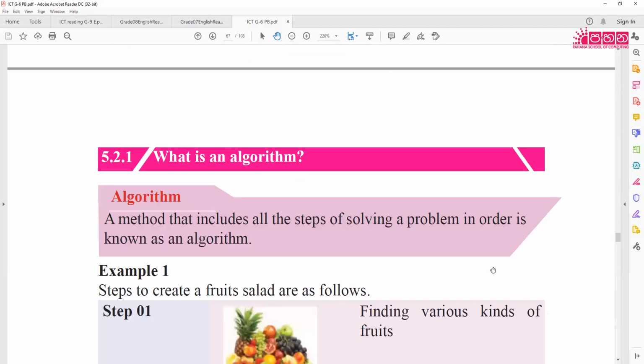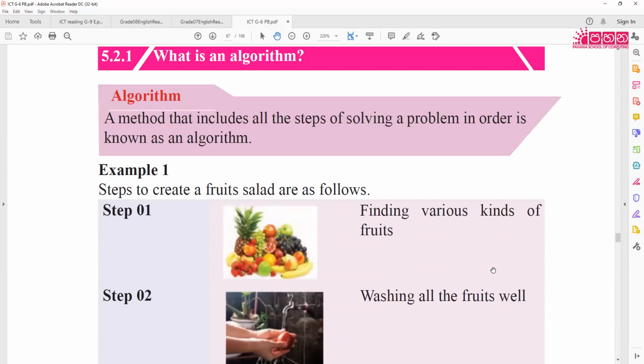So an algorithm is what we are preparing. If anybody asks what an algorithm is, it's a method that includes all the steps of solving a problem in order. Algorithms give you all the necessary steps to solve a problem, with an order. So order is important.